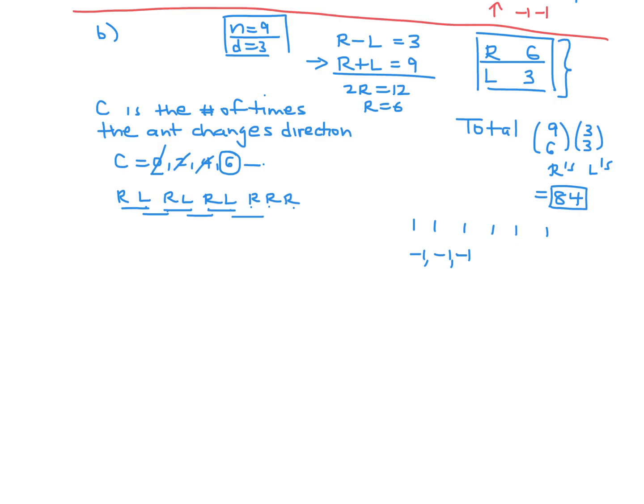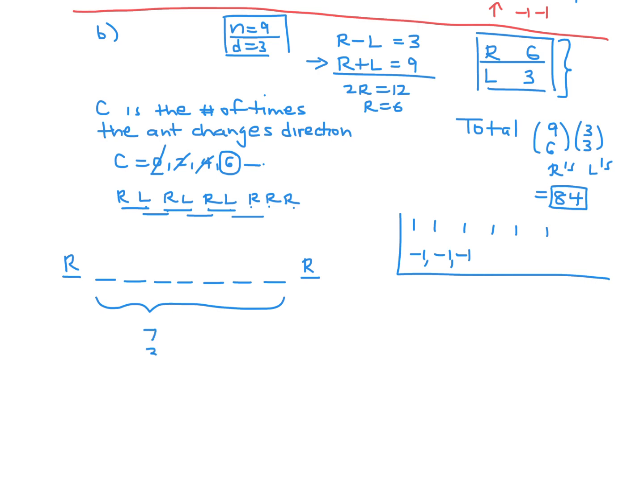Okay, so there's a few scenarios here. The first one is we've got 9 spots. So 1, 2, 3, 4, 5, 6, 7, 8, 9. Yeah. If I put r's on either end, then in here I've got to put in the 3 l's. So from those 7 spots, I've got to choose 3 to be the l's.